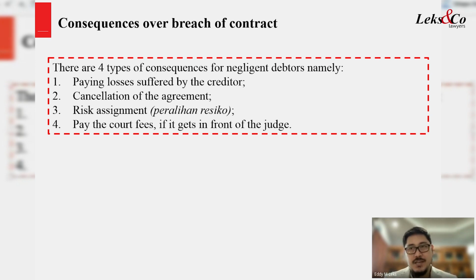But sometimes, in a few cases, the party breaching the contract can file a defense. When there is a claim against them, they can present a defense, and then the court will say that there was no breach of contract. Perhaps due to force majeure, an act of God, or maybe because the claimant did the first breach of contract.